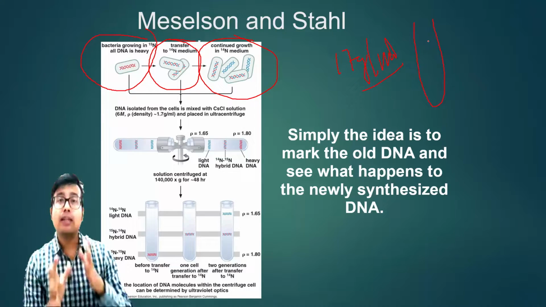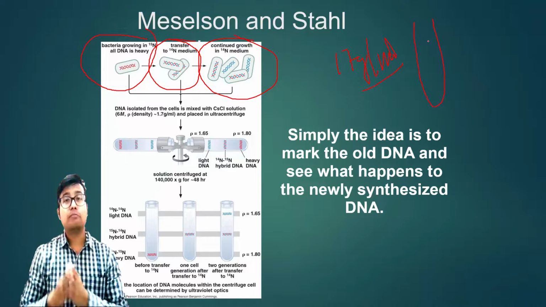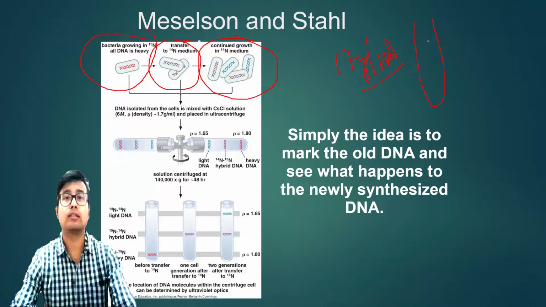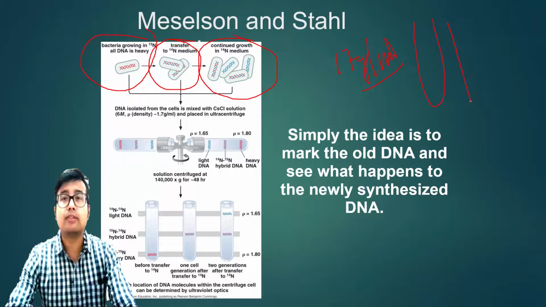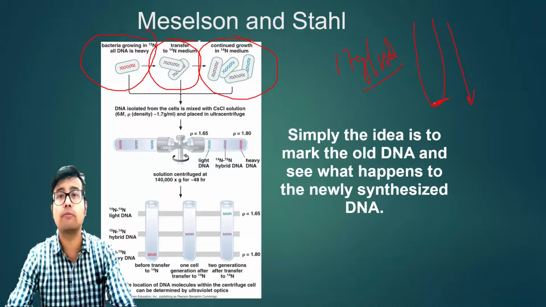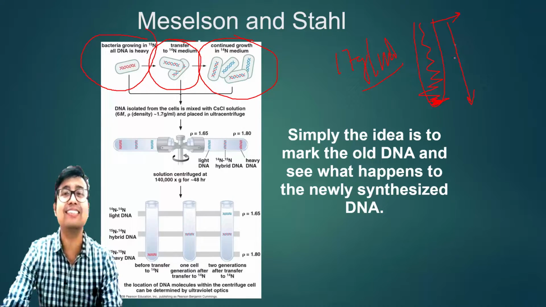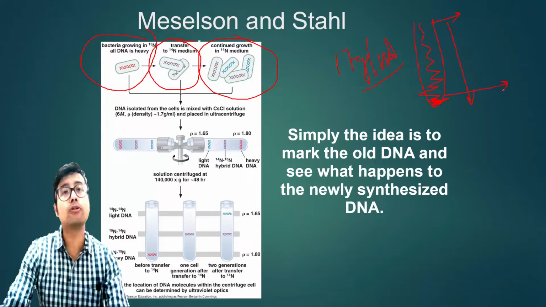Cesium chloride, normally a homogeneous solution, on centrifugation arranges itself in such a way that the most dense part will be at the bottom, and slowly it will rarefy. So this part will be the lightest, least dense, and this part will be the most dense.